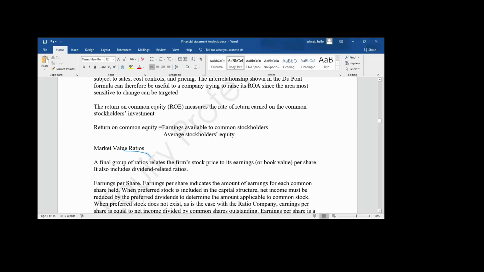Who are the owners of the business? The shareholders. So you must understand shareholders ratios.